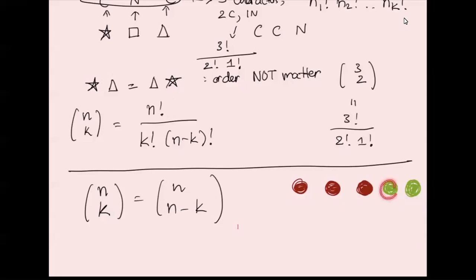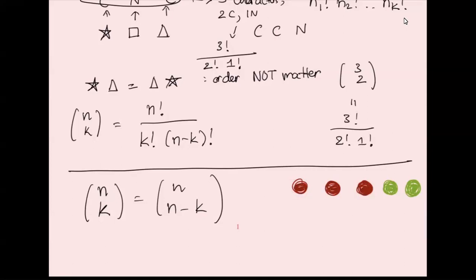Let's say I choose the 2 green balls to give to my friend. Then that action, where I say I choose this green ball and this green ball to give to my friend, is the same thing as saying I choose the 3 red balls to not give to my friend. So they are equivalent actions.